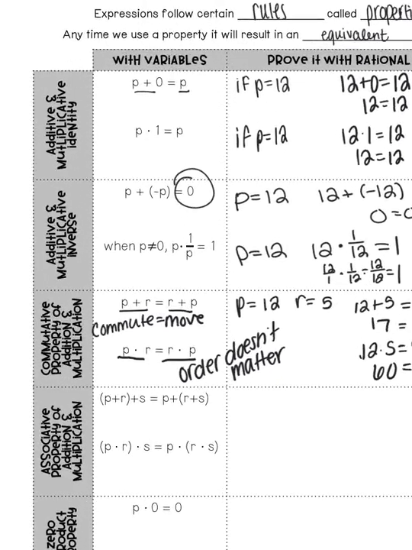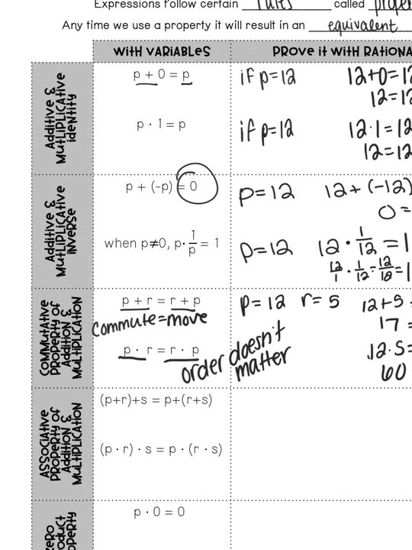Then we have the associative property. Associate means groups, or who you're with. If I say my associates, that's like the people I work with, right? So in a math problem, the associative property just means those grouping symbols like parentheses.